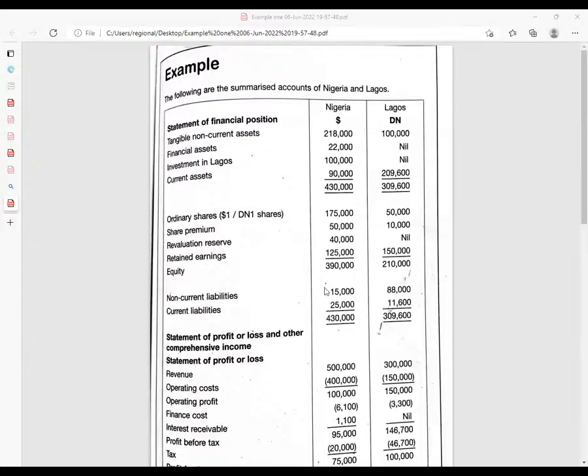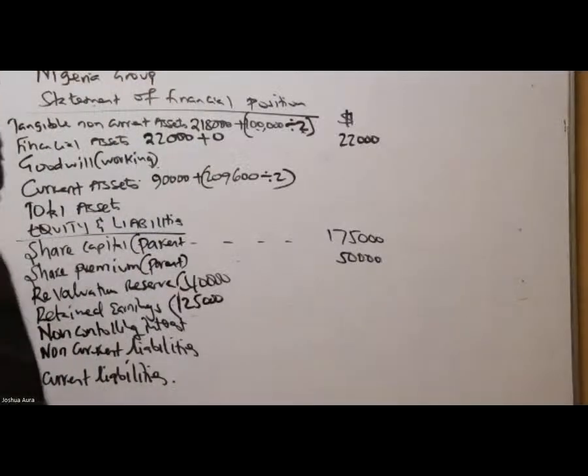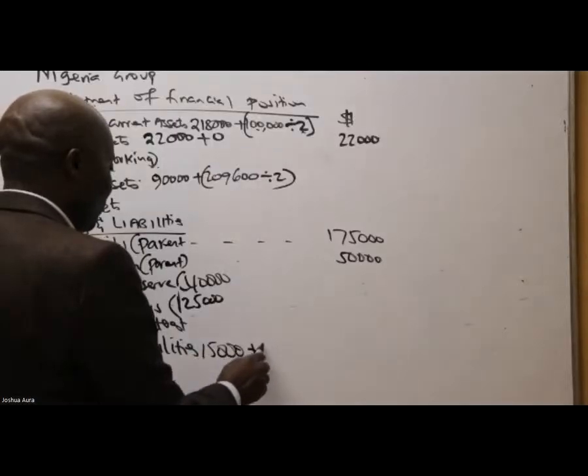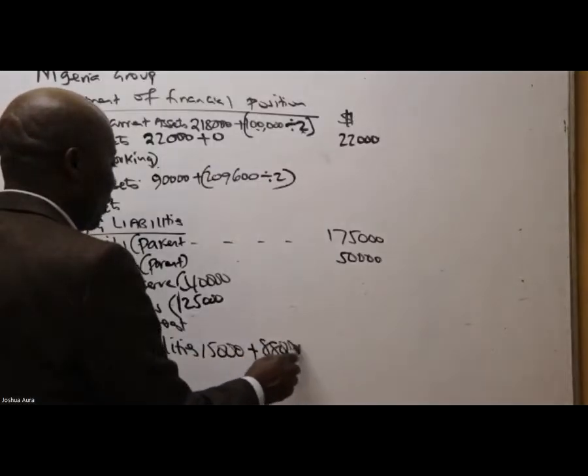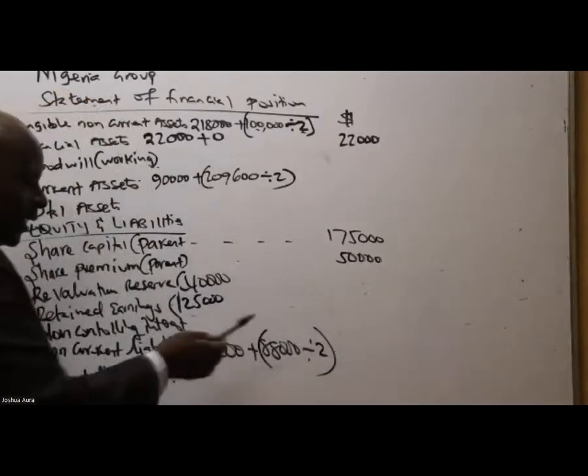I can see 15,000 plus 88,000. But remember, these currencies are different, and we must retranslate the ones of the subsidiary. The 88,000 still falls under assets and liabilities, so it has to be retranslated. So we have 15,000 plus 88,000, but now this has to be divided by 2 like that. And remember, this 2 is only dividing this like that.